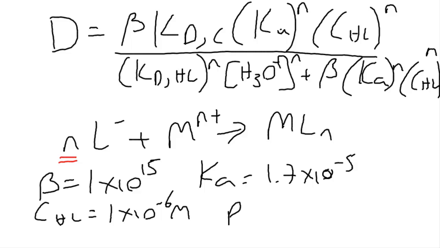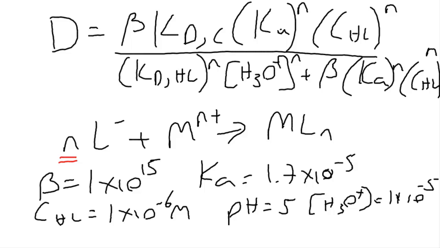And we have a pH of 5. So again, the H3O+ concentration is going to be 1 times 10 to the minus 5. And I think we have everything. n in this case we're going to say is 2.